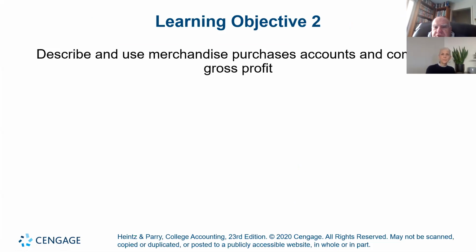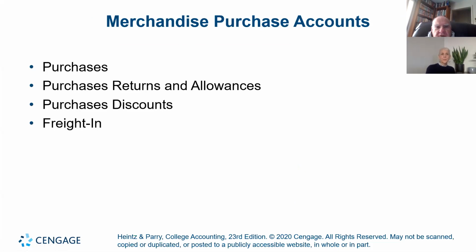Describe and use merchandise account, purchase accounts, compute net profit, okay? So here we go. Where we had sales in the prior chapter, we have purchases. And now we have purchase returns and allowances and purchase discounts, okay? And we're going to add something, freight in.